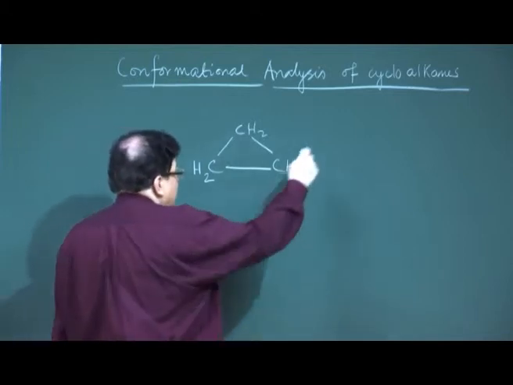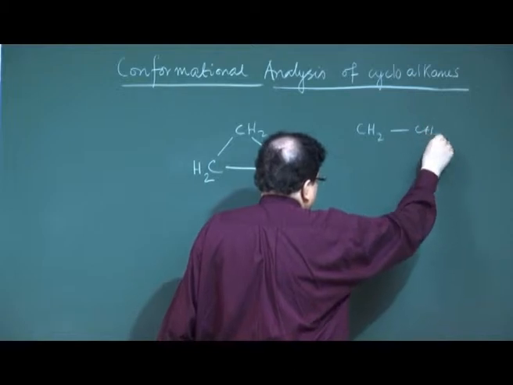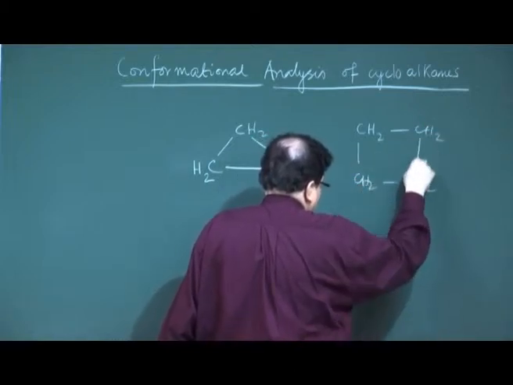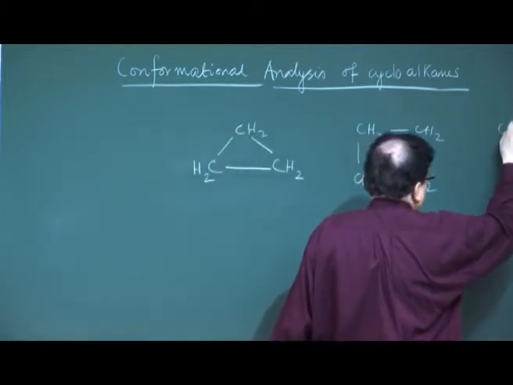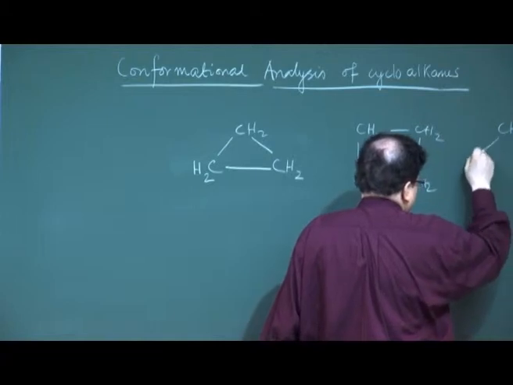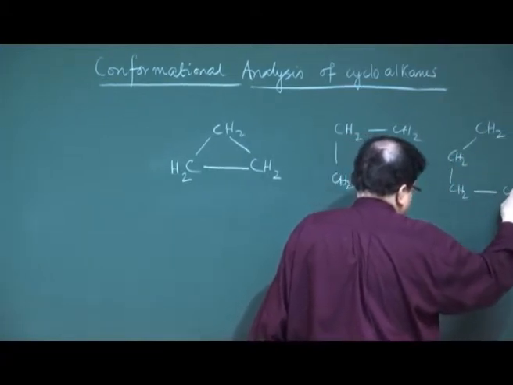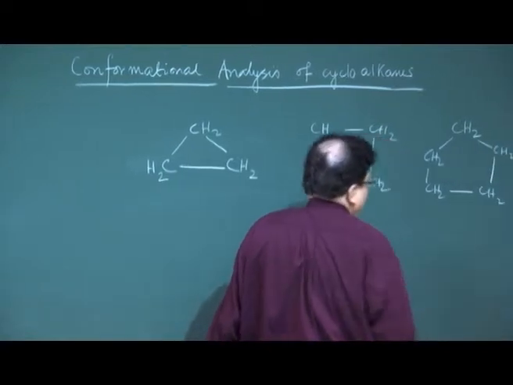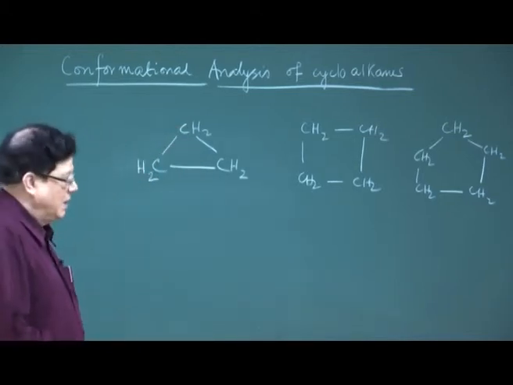Then the second member is cyclobutane, and so like that the third member will be cyclopentane, and so on. So, you can increase the size of the cycle by adding more carbon atoms in the ring.